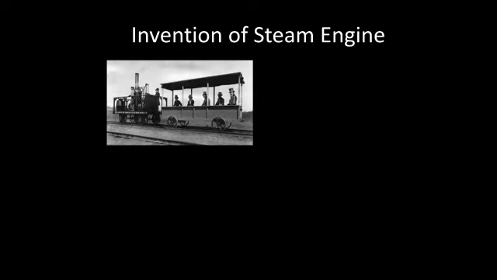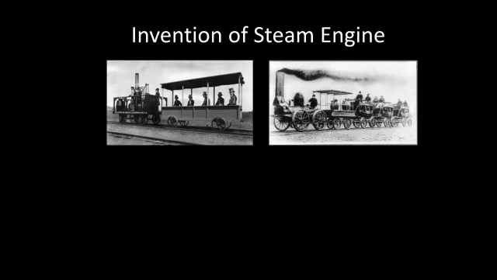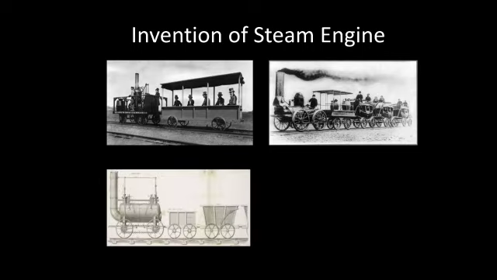Children, until the beginning of the 19th century, people still depended on animals, boats and ships to transport them from one place to another. Then they invented the steam engine, which changed the whole scenario of the transport system. Railroads were made for steam engine driven carriages and wagons. Initially, it used to have 1 or 2 carriages, as you can see in the picture. Later the number was increased.